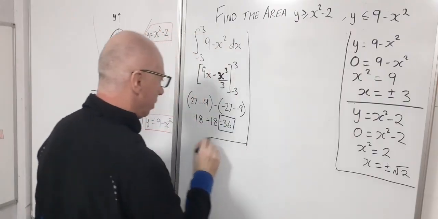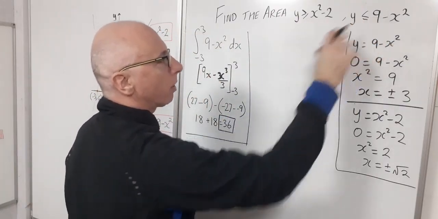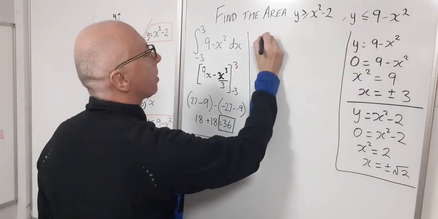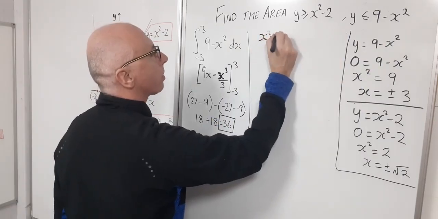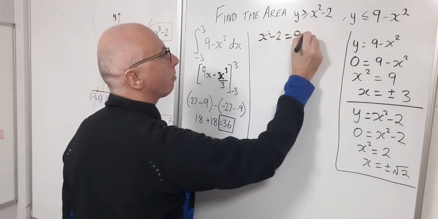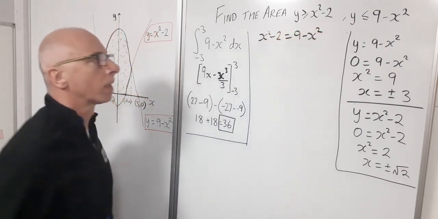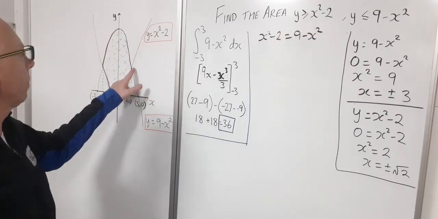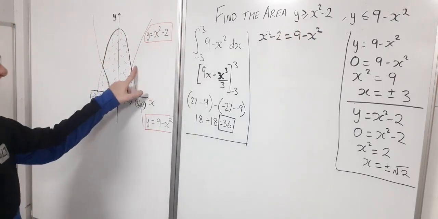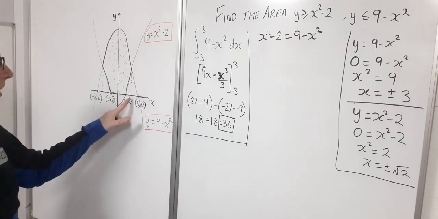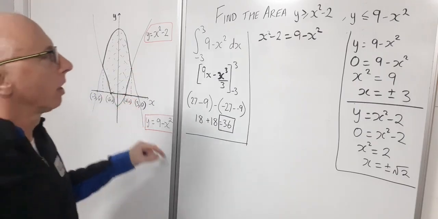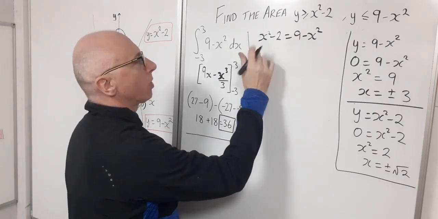So I've got x squared minus 2 equals 9 minus x squared. So we need to solve for x to find the x coordinates. We don't need to worry about the y coordinates because we're not interested in that. We just need the x coordinates. So add x squared to both sides.